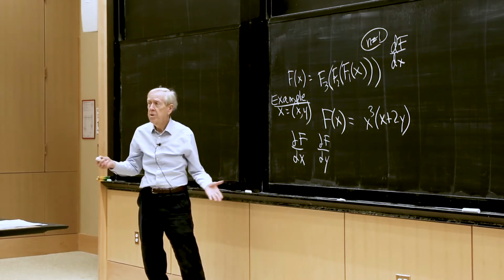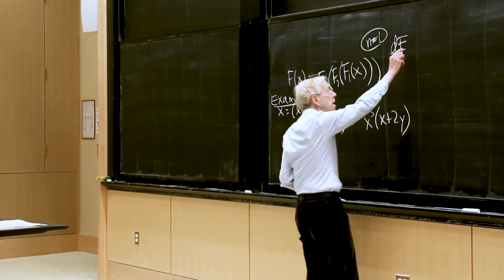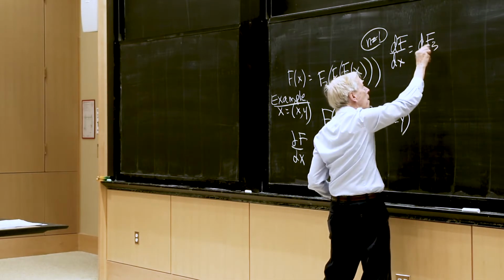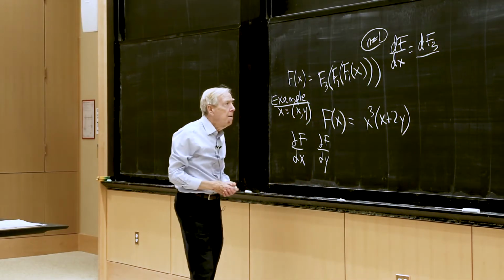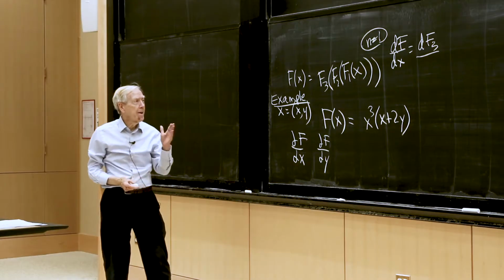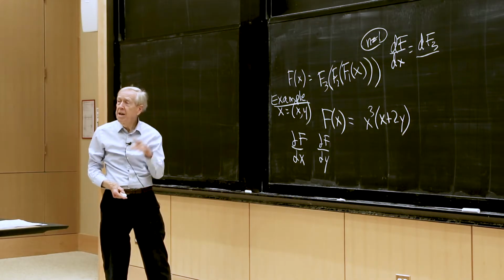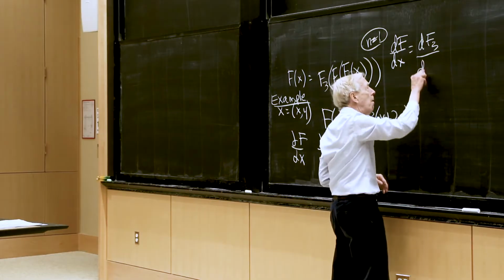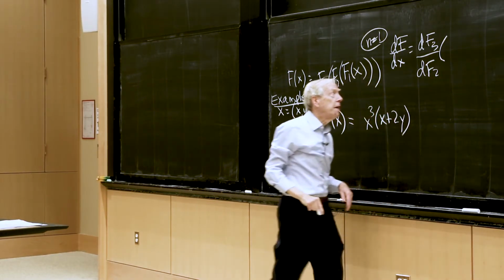Well, of course, the chain rule. So what does the chain rule say? I differentiate f3. What do I put that it's differentiated with respect to? df3, df2, is that what I should put? And where do I evaluate that derivative?